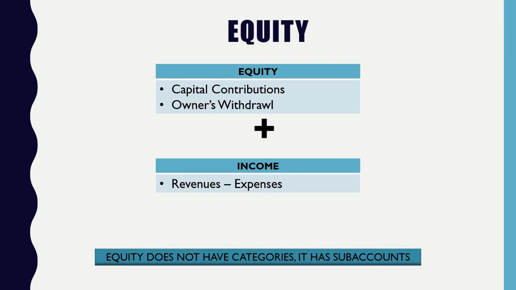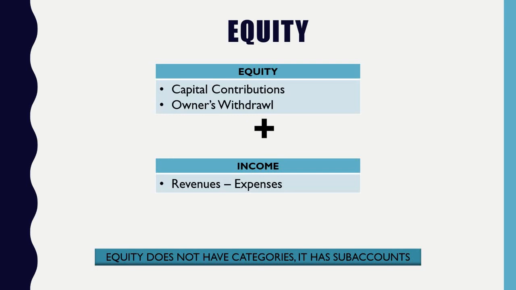You will have things that will increase, such as capital contributions. So whether you invest your own money into the company, that's a capital contribution. Okay? But if you take money away from your company, then that's considered a withdrawal. All right? And that's going to change the value of your company.